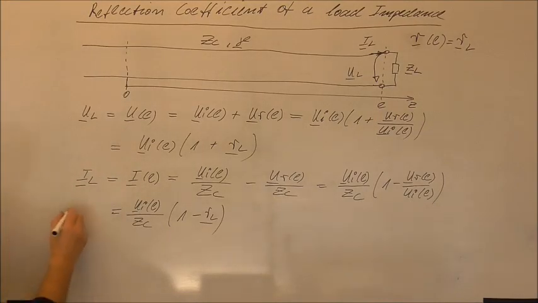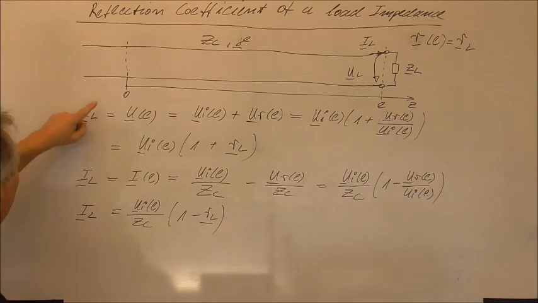So we have two expressions here for I of L, one expression for the current into the arbitrary load, and one expression for the voltage.